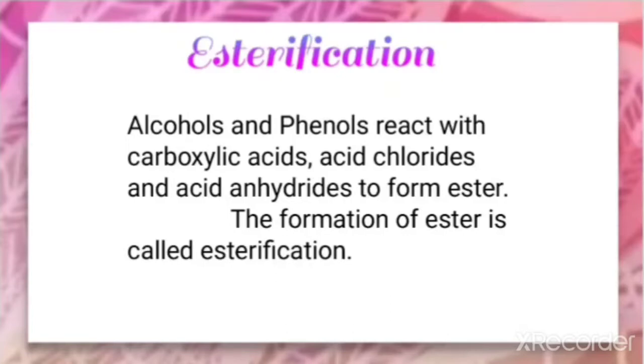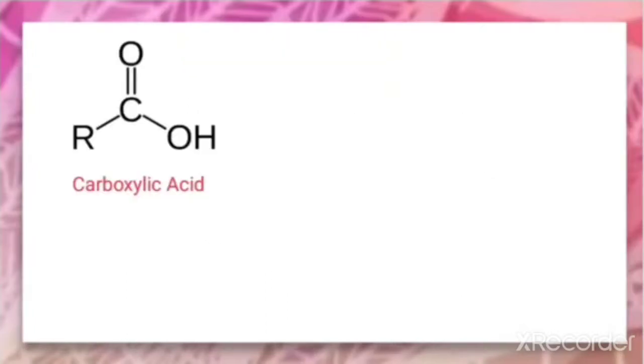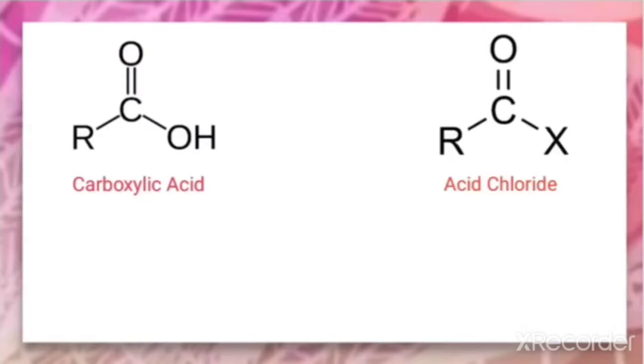So, before going into the reaction, let us recall the structures for carboxylic acid. Carboxylic acid has a carbonyl group, that is C double bond O group, and one alkyl group and OH. Acid chlorides, when you compare with the carboxylic acid, in the place of OH, if it is X, then it is called acid chlorides.